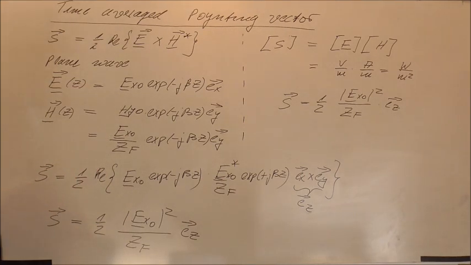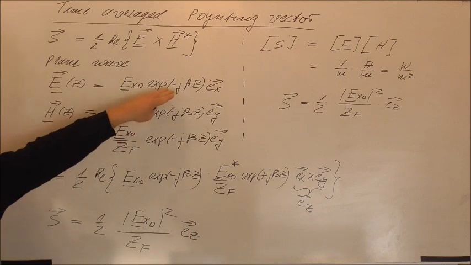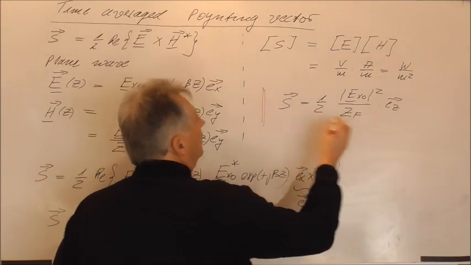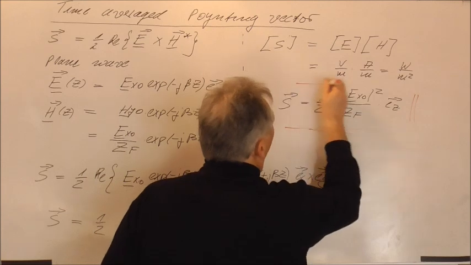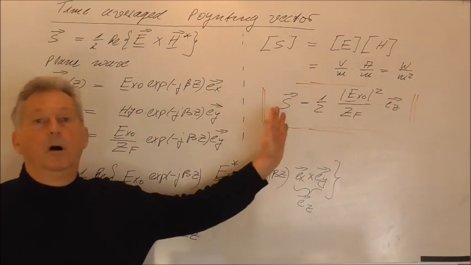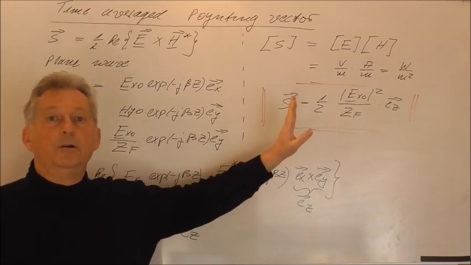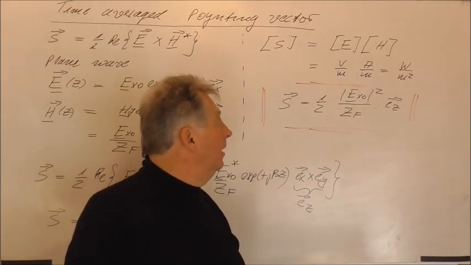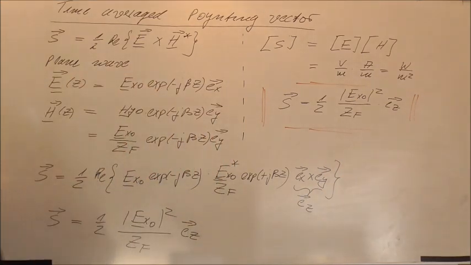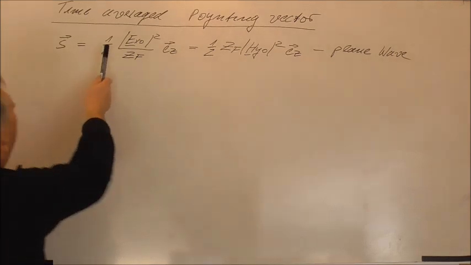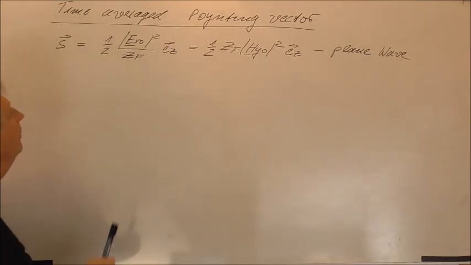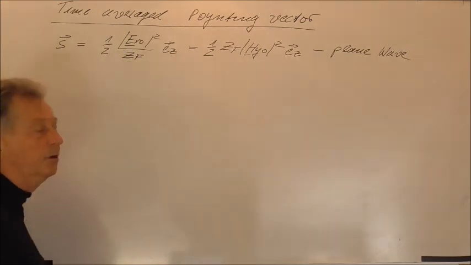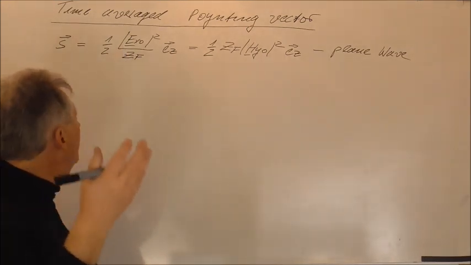This again shows us that our plane wave described by these two equations will result in a power density which will propagate in the z direction, or on the other hand I can say a plane wave will transport a certain power density in the direction of its propagation, and this direction is given by the z direction in our case.